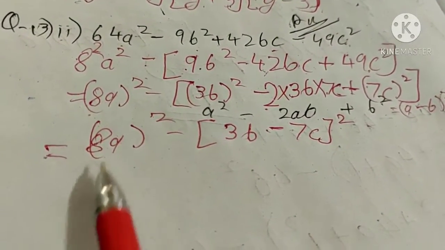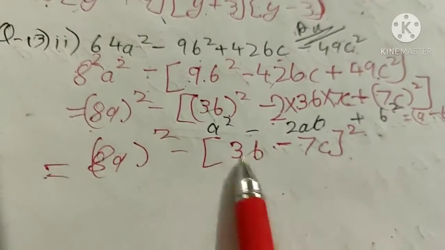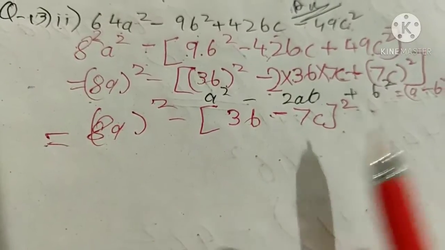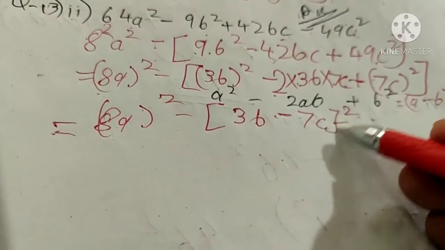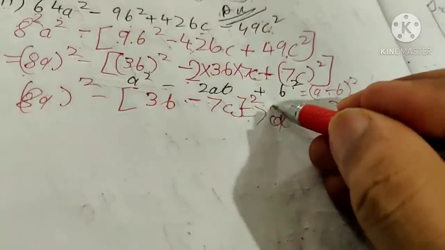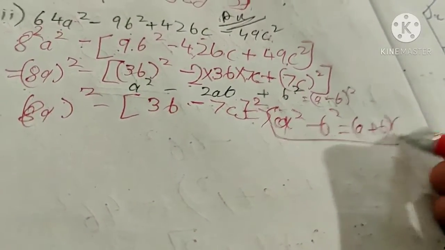Now if we see, we have got two terms, first and second, in the form of a whole square in a bracket. The first term is also present in the form of a square, and the second term is also in the form of a square, that is a square minus b square, that is a plus b, a minus b.